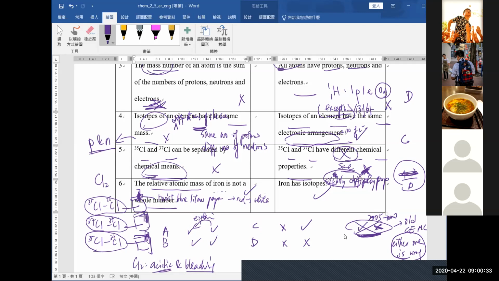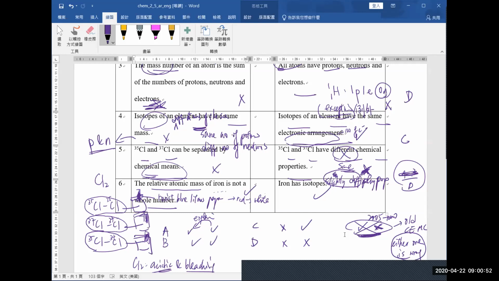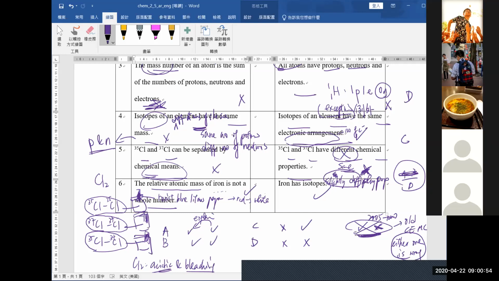You know that the relative atomic mass of iron is 55.8. It's not a whole number. So statement 1 must be correct. Okay. So my question is, why? Now, if you think that statement 2 cannot be used to explain statement 1, show me the correct explanation. You understand? So what is the correct explanation?